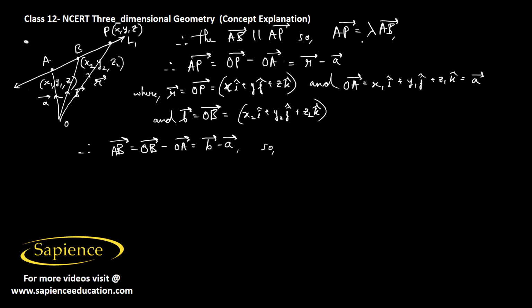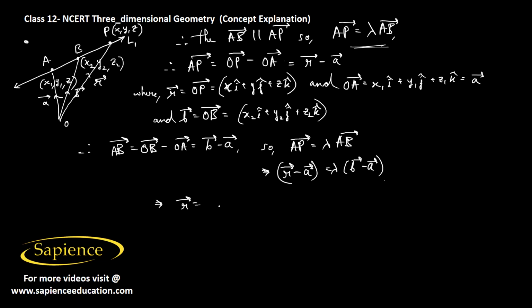By using this, we can say that AP vector will be equal to lambda times AB vector. So therefore AP vector, which is R vector minus A vector, will be equal to lambda times B vector minus A vector. So therefore R vector will be equal to A vector plus lambda times B vector minus A vector.